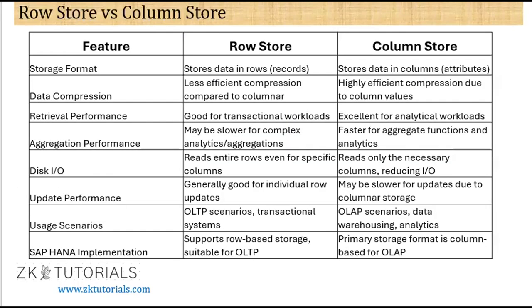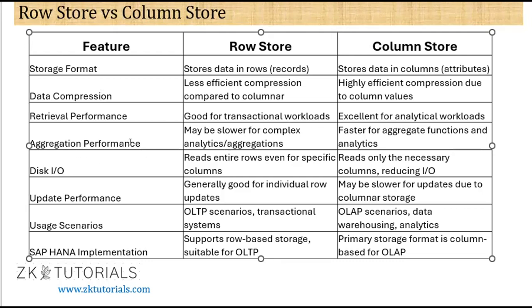Now let's move to differentiating row store versus column store. Simple. First is storage format. Row store stores data in rows. Here it will store data in columns. Second is data compression: row store has less efficient compression compared to column store, which has highly efficient compression. Retrieval performance: row store is good for transactional workloads, column store is excellent for analytical workloads. Aggregation: row store may be slower for complex aggregation.